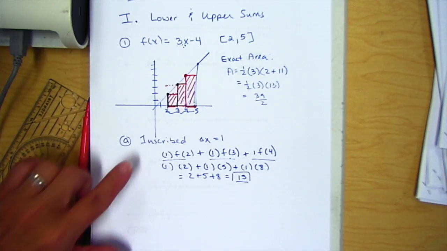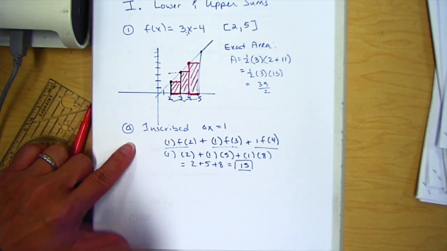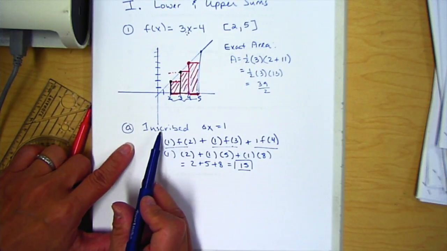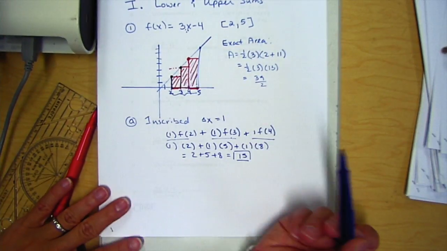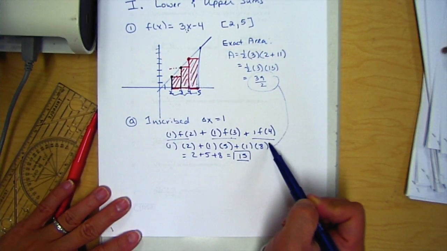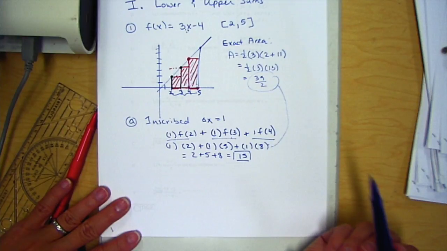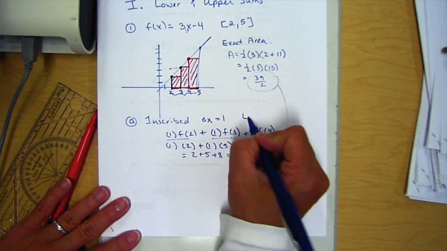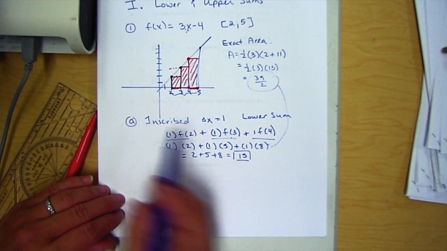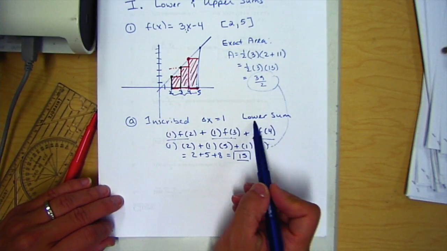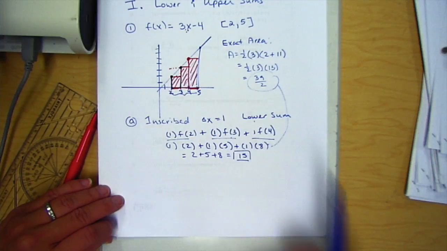We used inscribed rectangles here. Notice it is an underestimate of the actual area. It's less than what we got above, which is 39/2. So we also call this the lower sum. Be careful, an inscribed sum is not necessarily always the same as the lower sum. It just happens for this particular function.